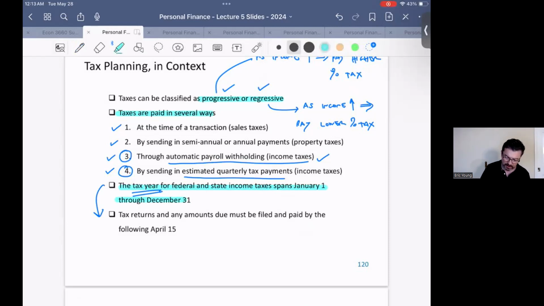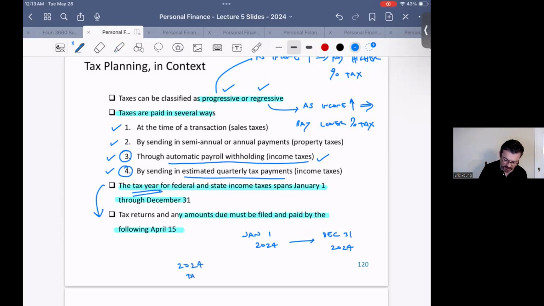Now, that tax return and any amounts that are due must be filed by April 15th in the following year. So, for example, let's say that today is May of 2024. So if this calendar year spans January 1st, 2024 to December 31st, 2024, any income that you make in this calendar year has to be put on your 2024 taxes.